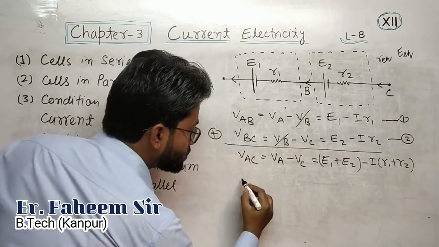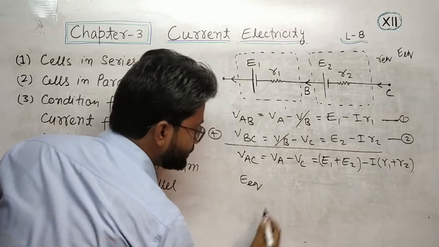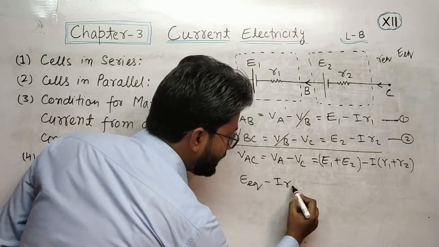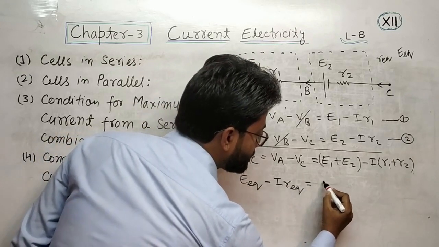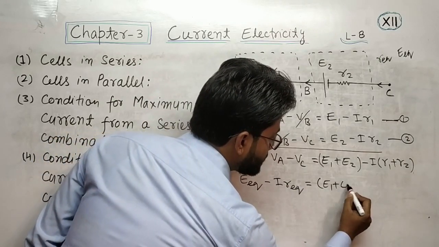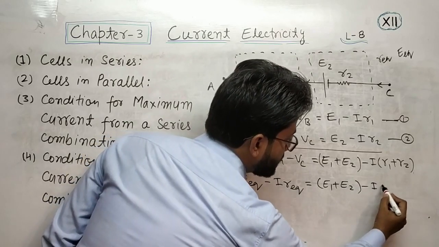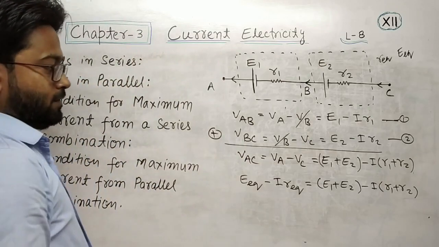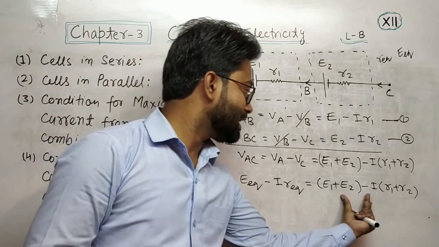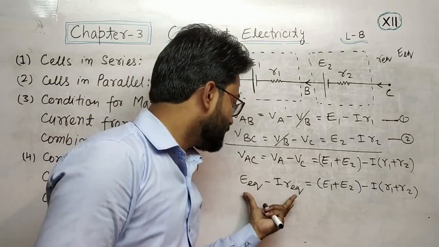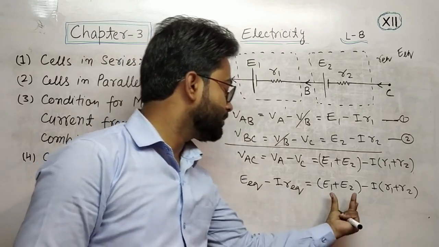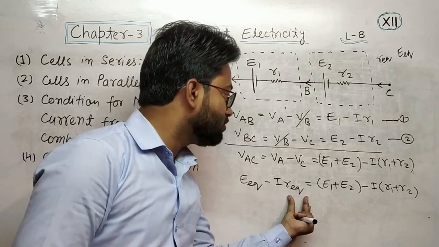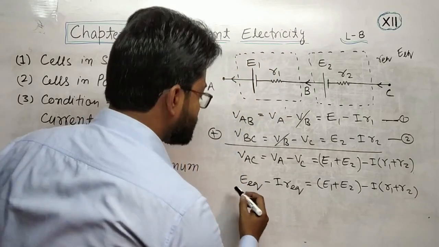So V is equal to E equivalent minus I times R equivalent, which is equal to E1 plus E2 minus I times (R1 plus R2). On comparing, E equivalent will be equal to E1 plus E2 and R equivalent will be equal to R1 plus R2.